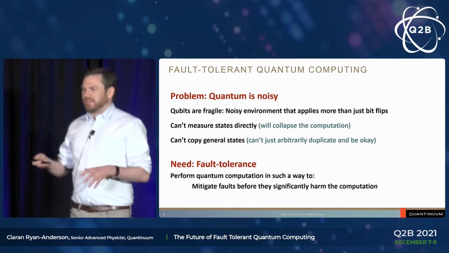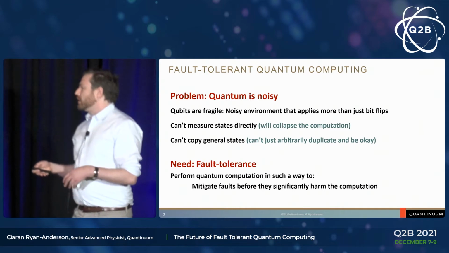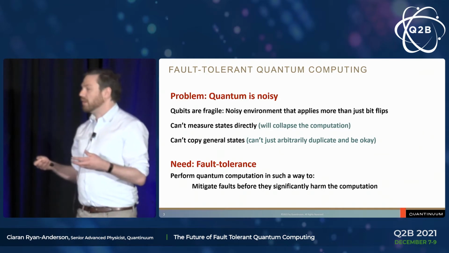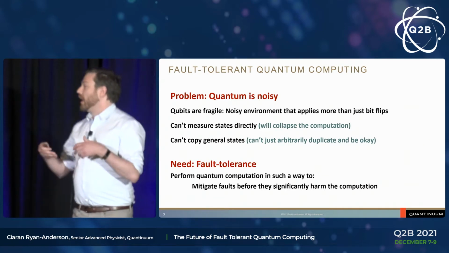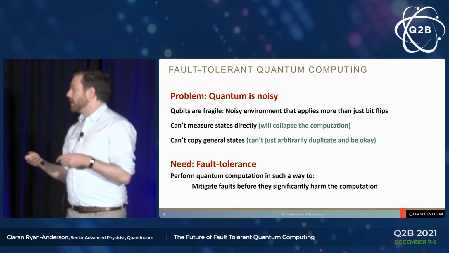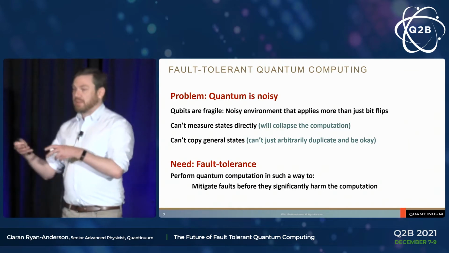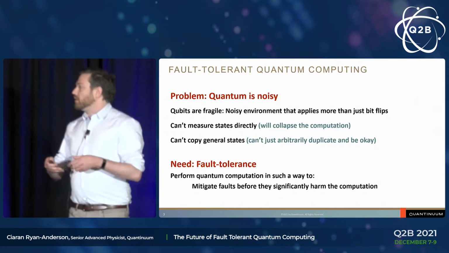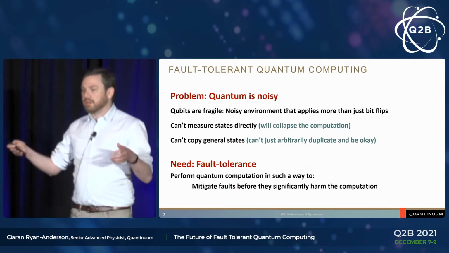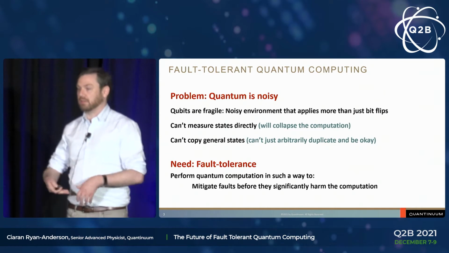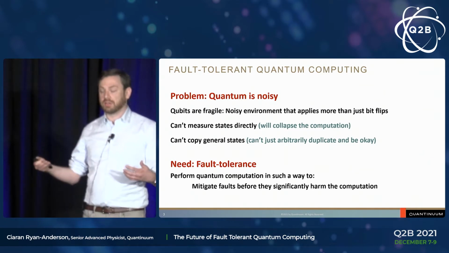Fault tolerance, in a nutshell, means that you accept the fact that qubits are fragile, and you compute in a way that safeguards against those faults harming the computation. So it allows you to increase the coherence times of your computation, and the number of operations that you can do, to allow you to do more complicated algorithms.